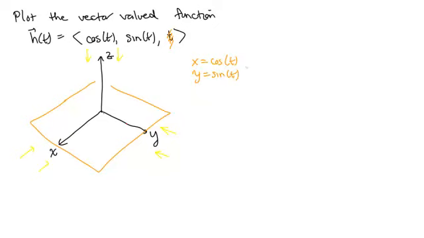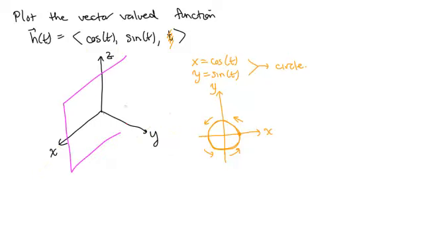Well, we've seen that this traces a circle in the xy plane. What that tells me is that if I were to look straight down the z-axis from above, what I should expect to see is a circle moving around counterclockwise over and over and over again. So this is what I would see from this moving dot if I looked straight down the axis.